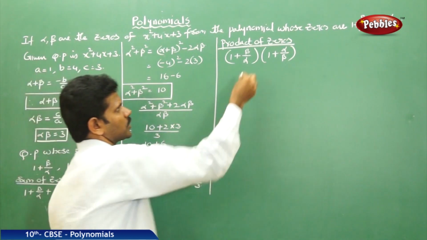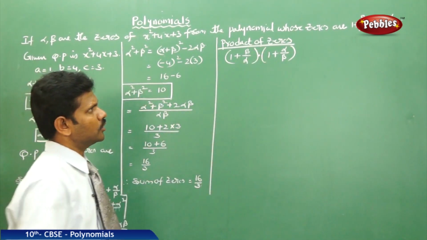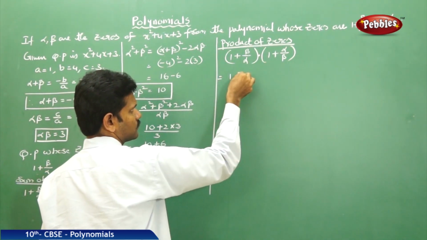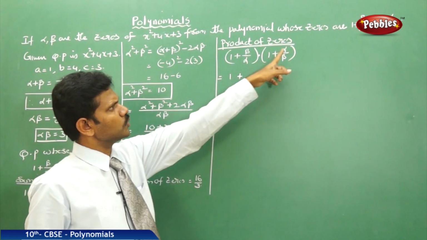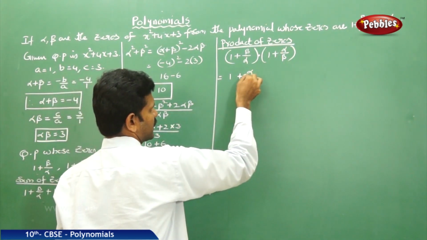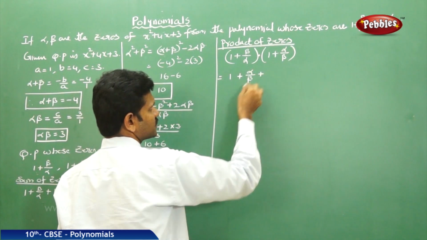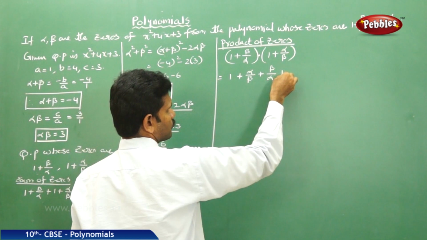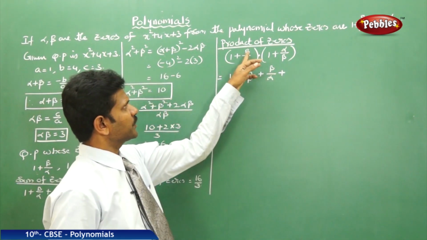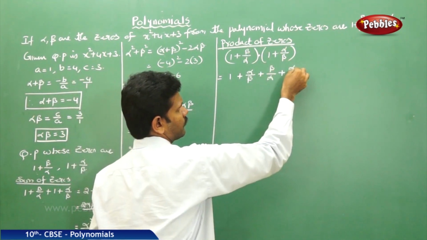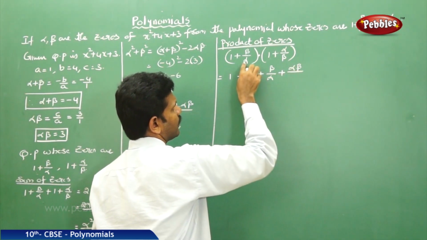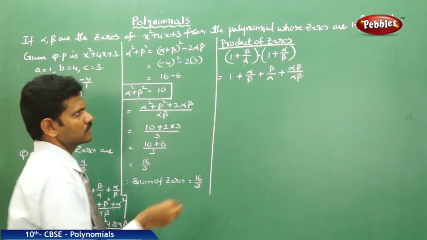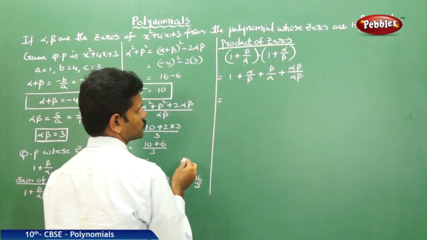Now apply the product rule: 1 times 1, 1, plus 1 into alpha by beta, alpha by beta, plus beta by alpha into 1, beta by alpha, plus beta into alpha, alpha beta by alpha into beta, alpha beta, that is equal to the product of the zeros.